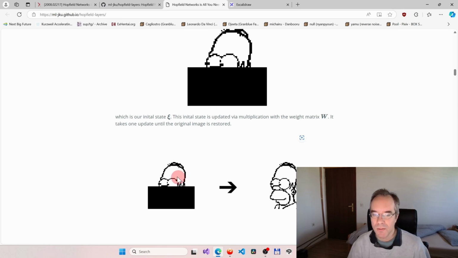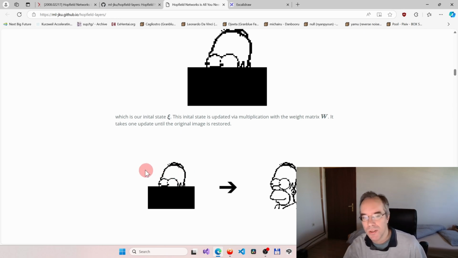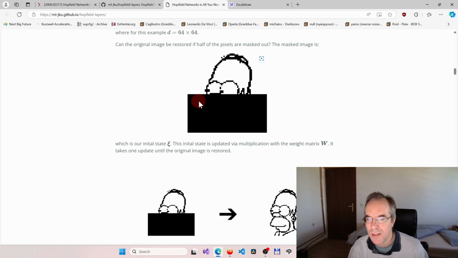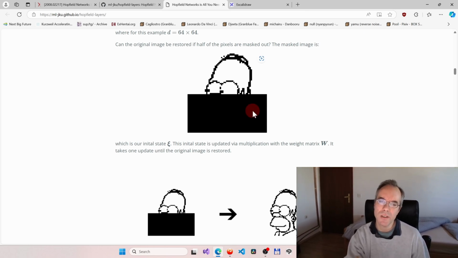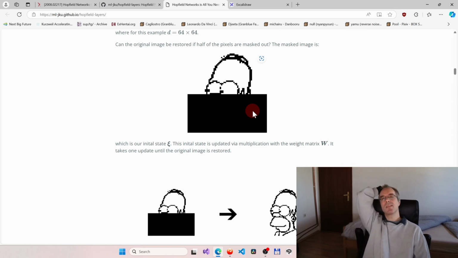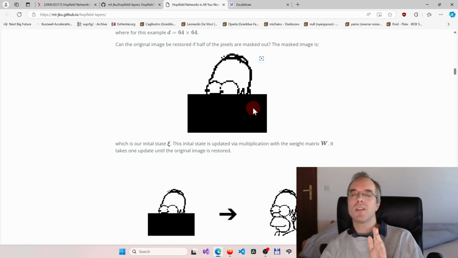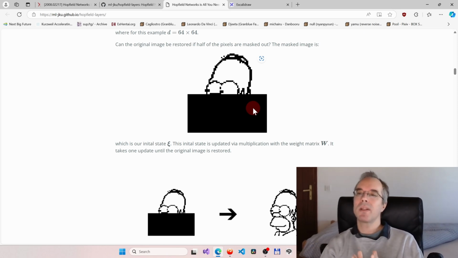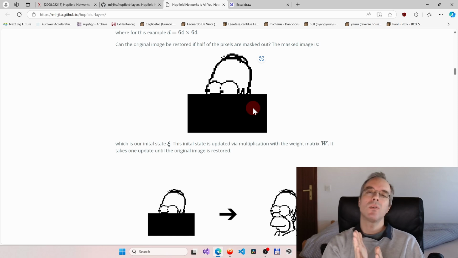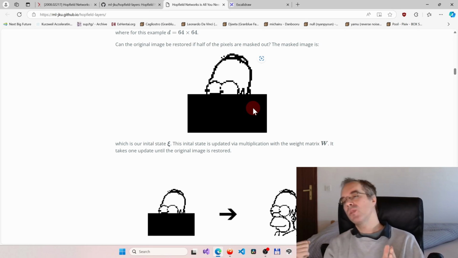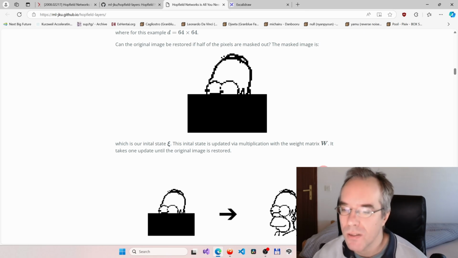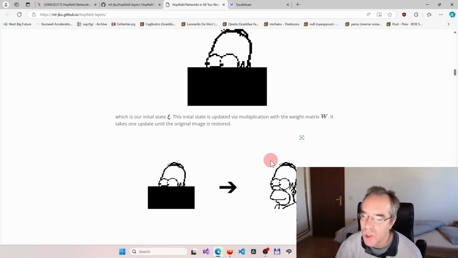With that bottom part masked out, these black pixels are all zeros right now. You take this image, turn it into a vector, and then multiply it with the dictionary matrix. And then once you do a reconstruction, you'll get back the original uncorrupted image.